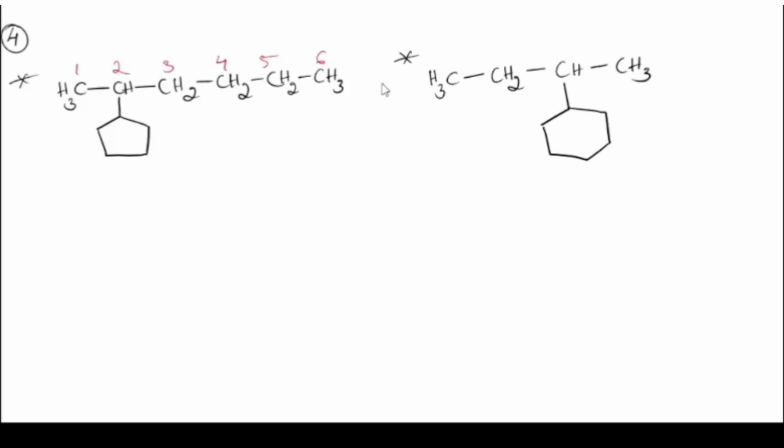Here the carbon atoms are more in number compared to the carbon atoms in this particular ring. That's why we have to take this longest chain as the principal chain, that is the parent chain, and we have to consider this cyclopentane as the substituent. That's why at the second position cyclopentane is attached. That's why we have to treat this particular one as the side chain.